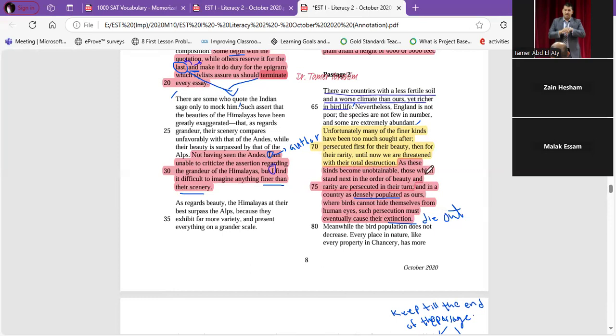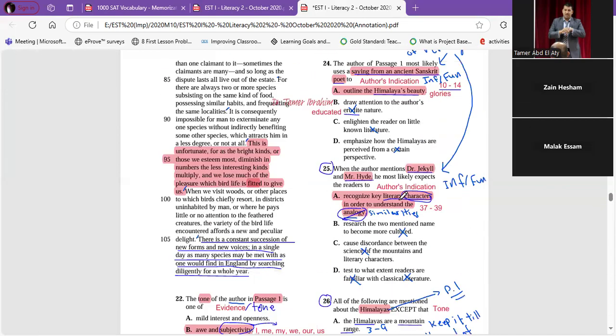Those which stand next in the order of beauty and rarity are persecuted in their turn, and in a country as densely populated as ours, where birds cannot hide themselves from human eyes, such persecution must eventually cause their extinction. Yes, he talks about population and how it affects the species of birds.